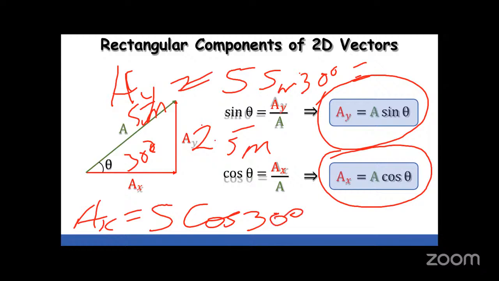So that will give us what? 4.3 meters. So now we have our vertical component and horizontal component.